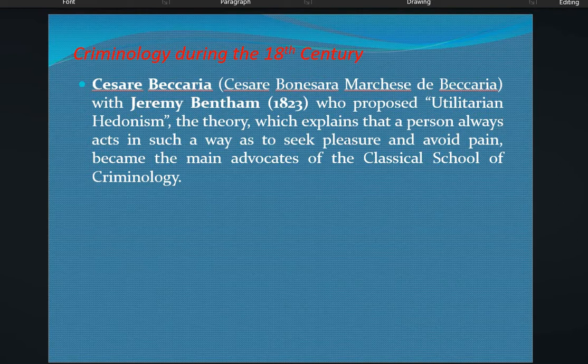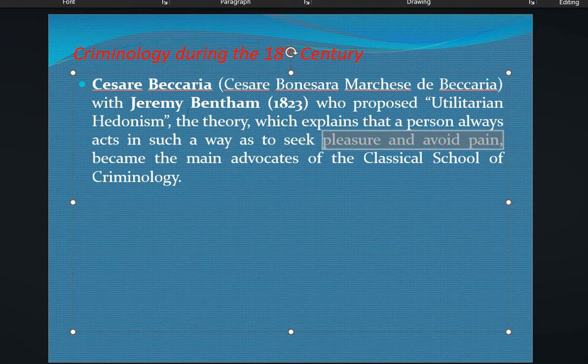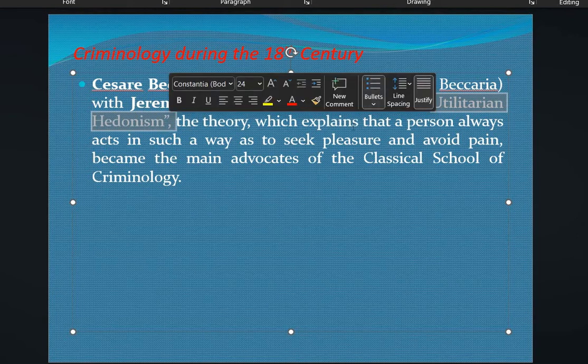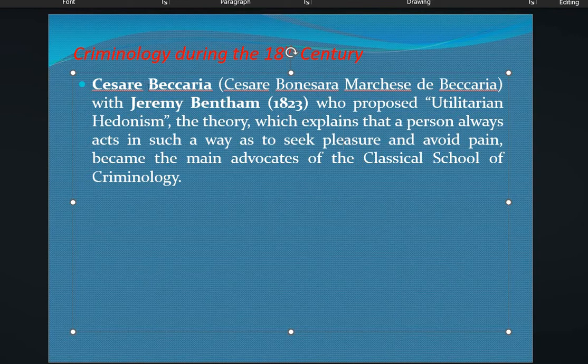So when you hear the concept of pleasure and pain, automatically, this is the idea of Cesare Beccaria and Jeremy Bentham. So when we say utilitarian hedonism, what comes to mind is pleasure and pain. Who proposed it? Cesare Beccaria and Jeremy Bentham.